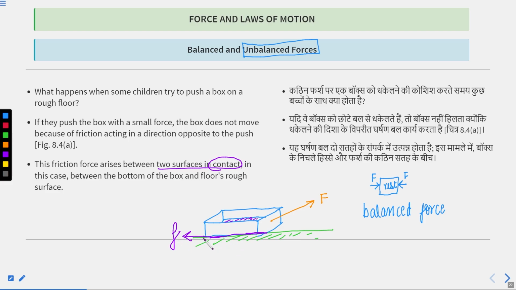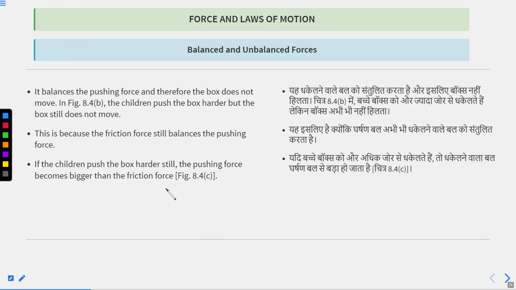That is a friction force between the bottom of the box and the floor, the rough surface. Friction force balances the pushing force, therefore the box does not move.